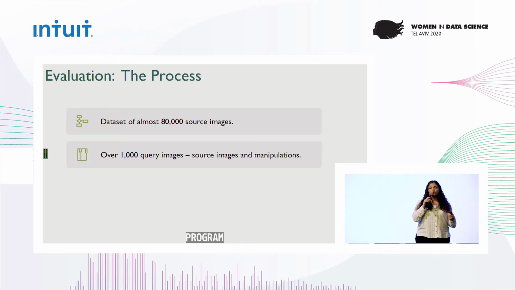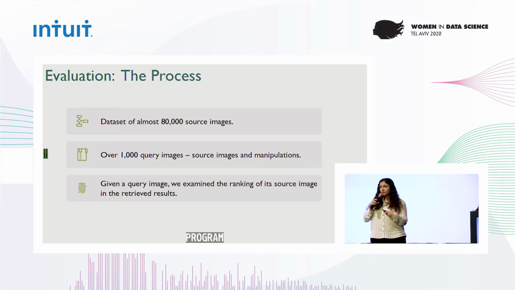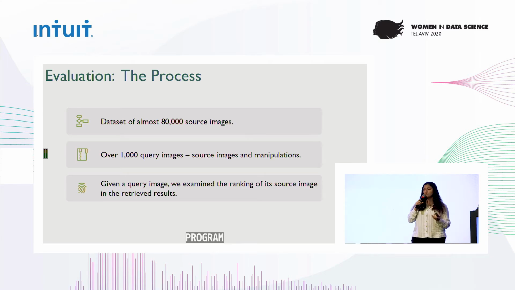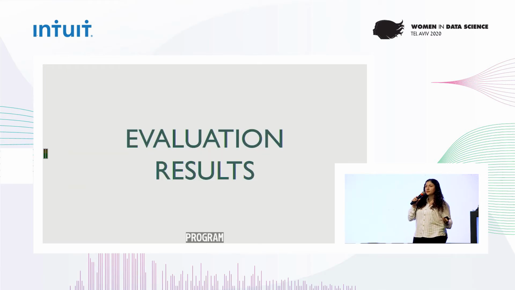Thus, for each of the query images, we certainly knew that it has at least one similar image in our index. At this step, given a query image, we could examine the ranking of its source image in the retrieved results and calculate the recall value. So let's see the results.